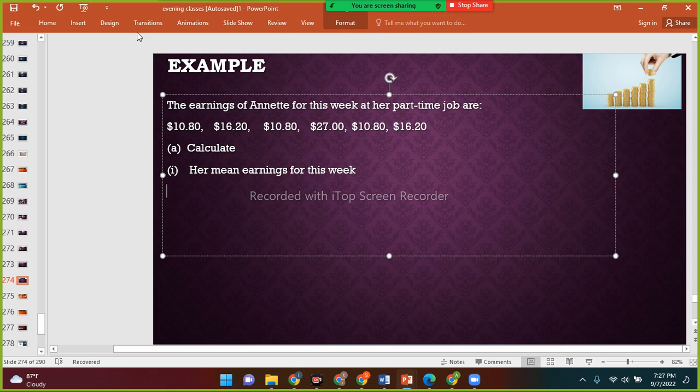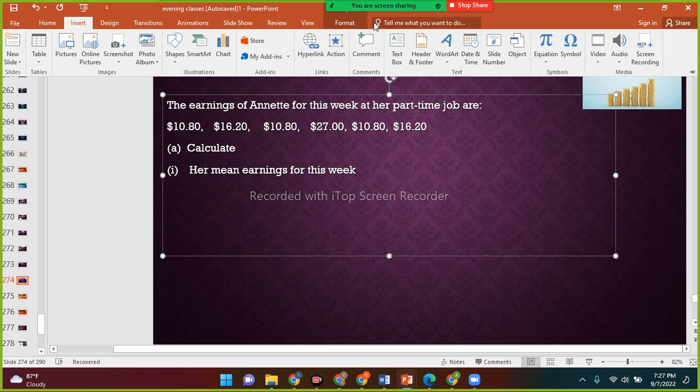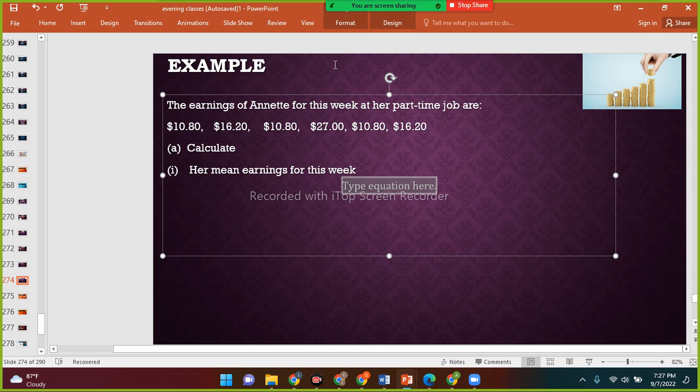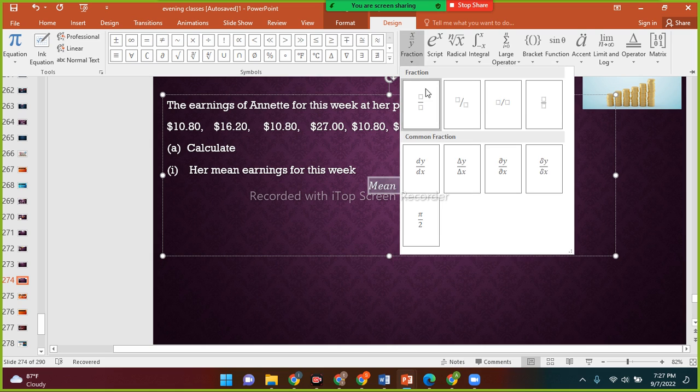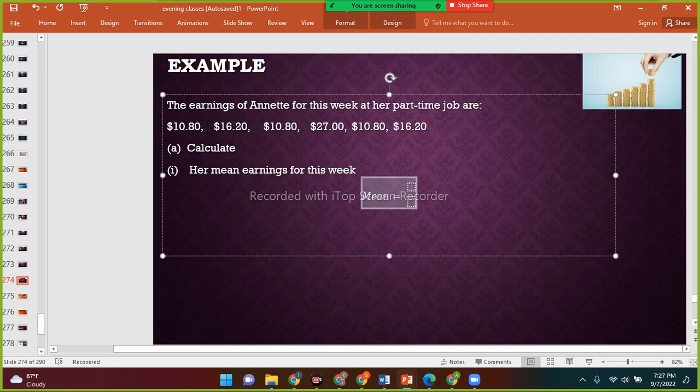Give me another word for mean. Average. Very good. So for the mean, we are going to add up all the values we are given, and then divide by the number of values that we have. So the first thing we're going to do is add up all the values.